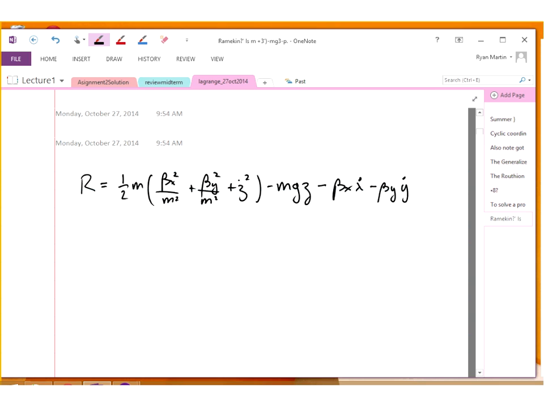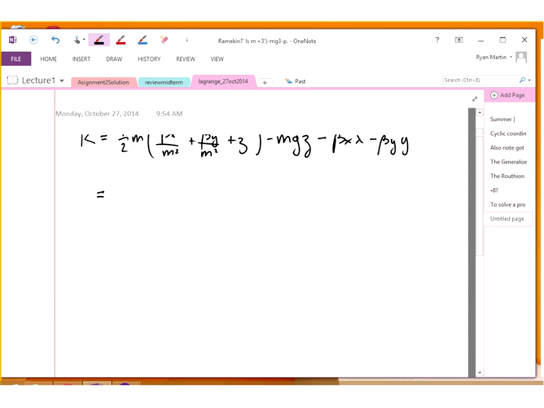So now, again, I'm going to remove the x dots and y dots in favor of the beta x's.